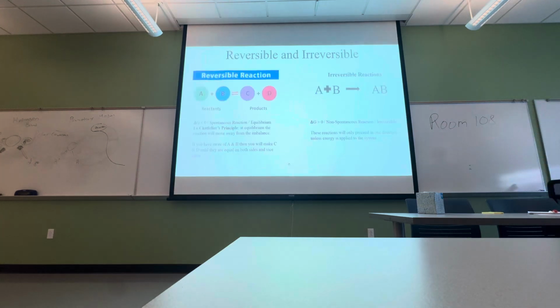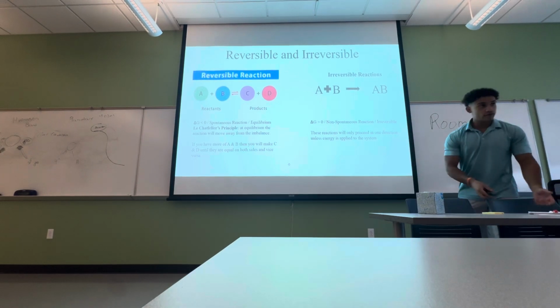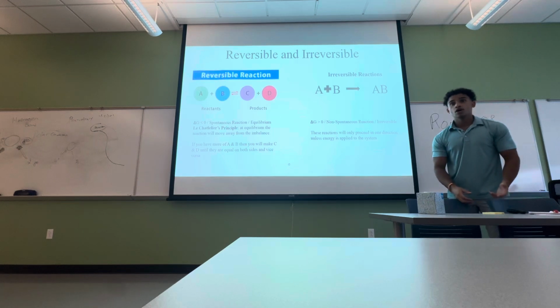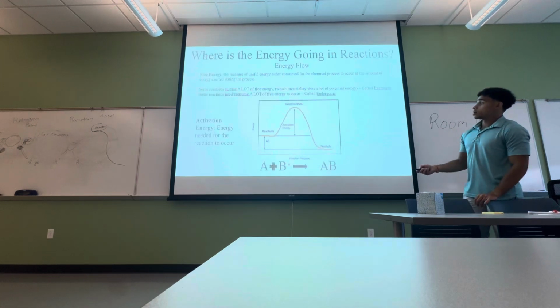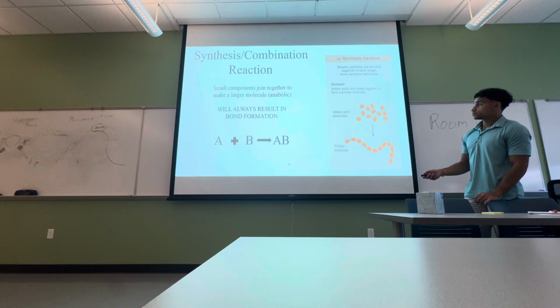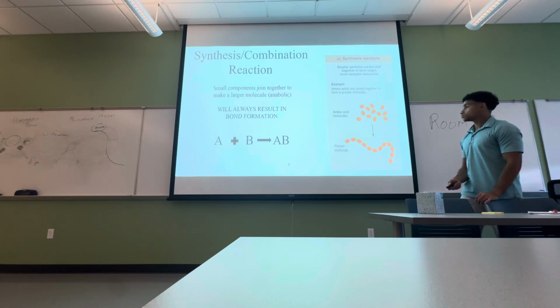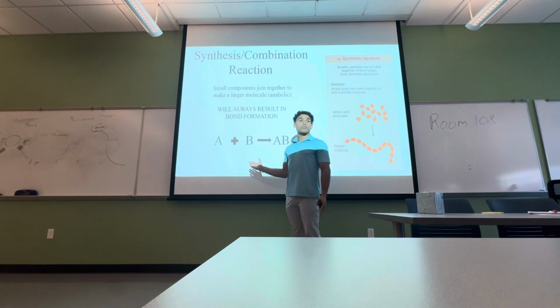Now, that begs the question, if a reaction occurs on its own, what determines what way it will move? Okay, so in essence, for example, now this doesn't occur for all molecules.